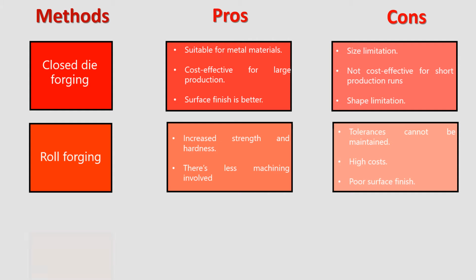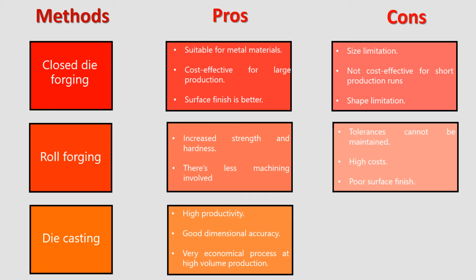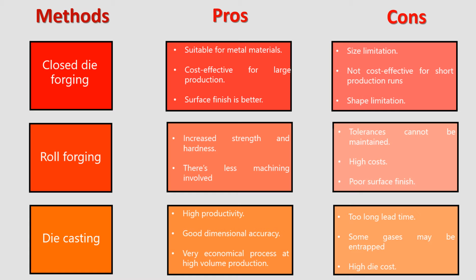Finally, regarding die casting, one of the advantages is that it has high productivity, but one of the disadvantages is that the dies are very expensive. From these three methods, the one that we think will be the best option is closed die forging.